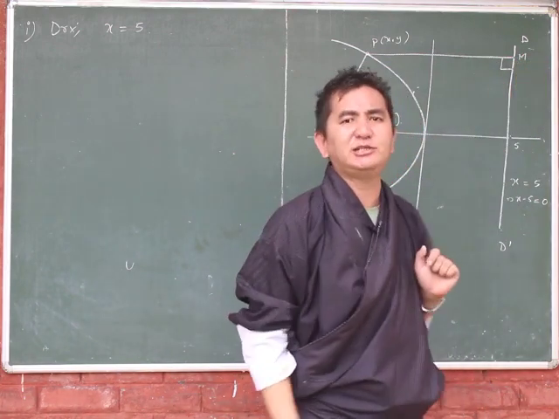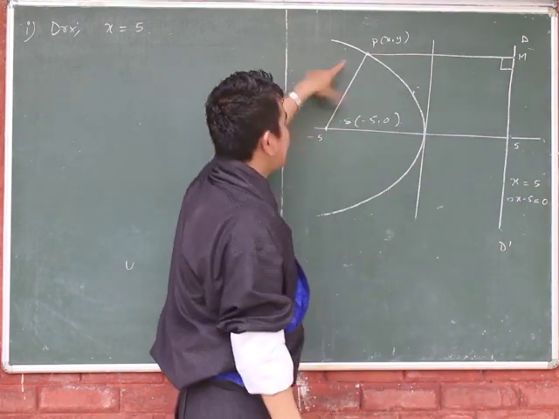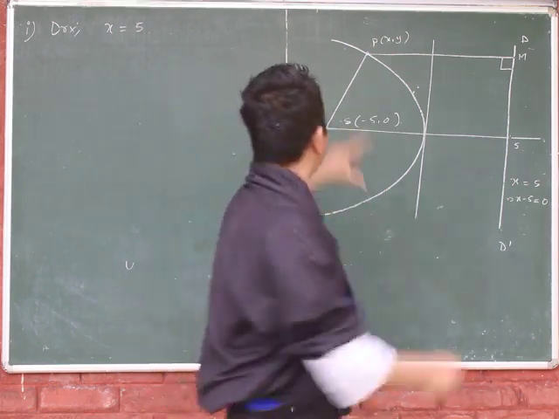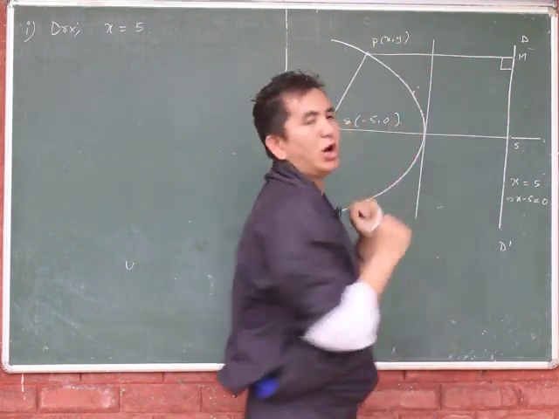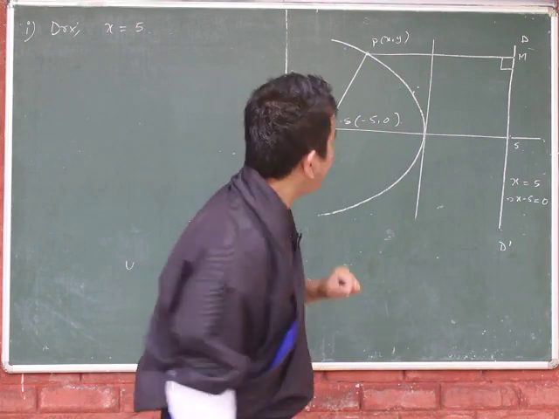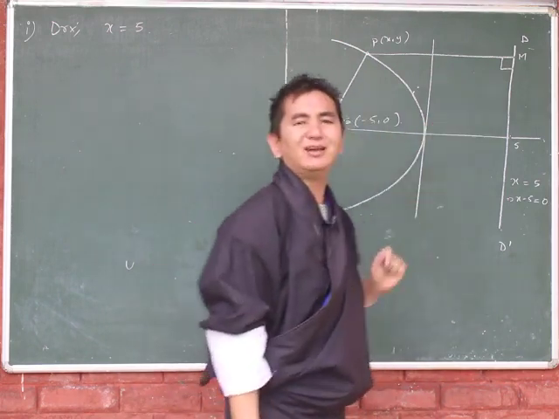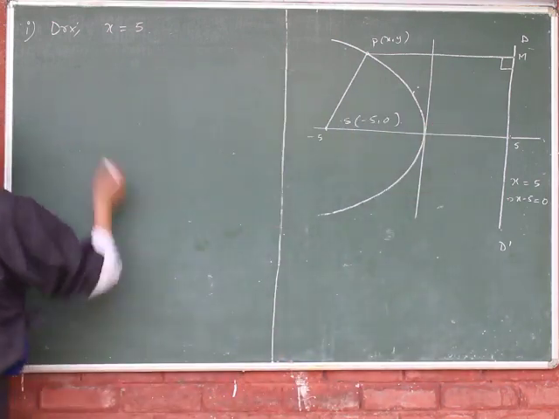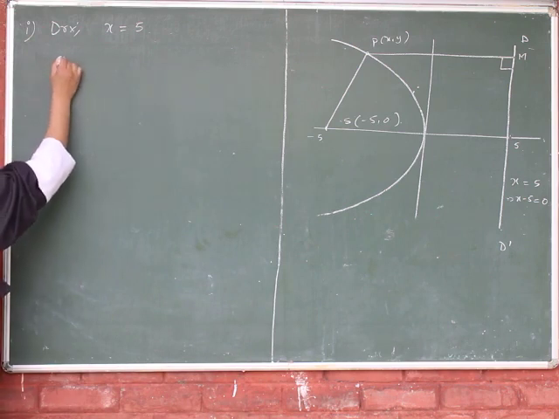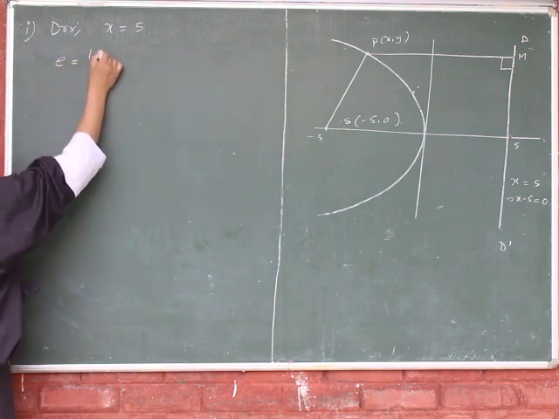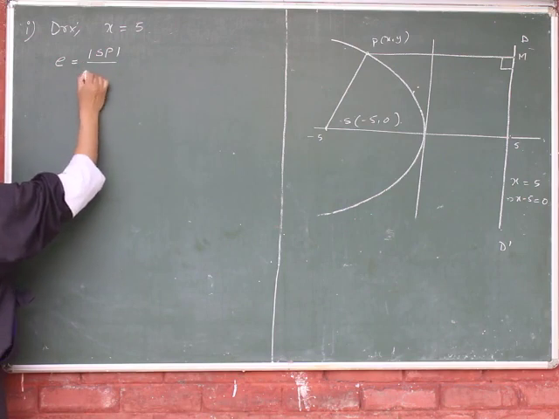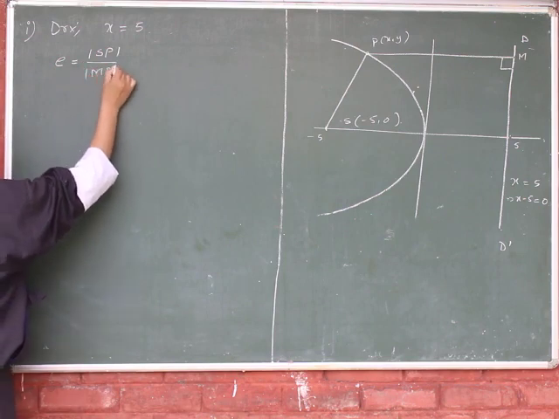If the angle is not 90 degrees, then the distances SP and MP will not be equal. So the angle made should be 90 degrees. Now, as per the definition of parabola, eccentricity is modulus of SP divided by modulus of MP.